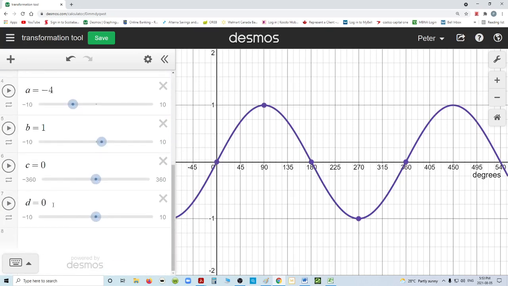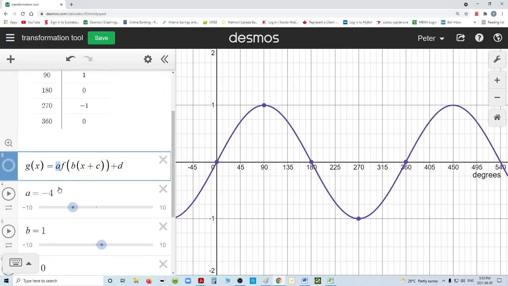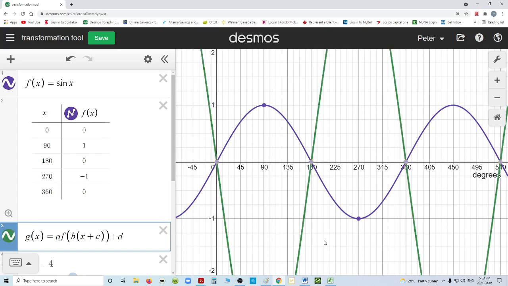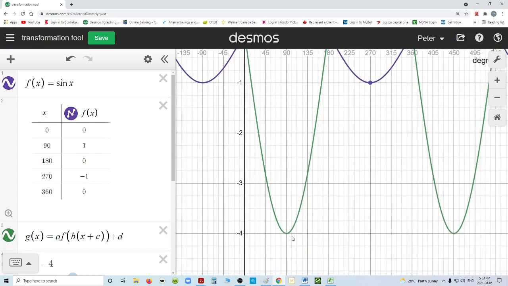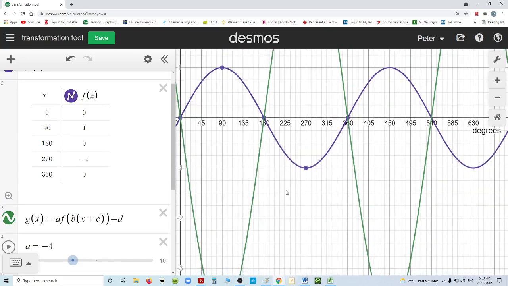So what happens when my a in front becomes negative 4? Well, all these y values will be multiplied by negative 4. So instead of 0, 1, 0, minus 1, 0, let's see what happens. Oh, it flipped, and it became 90 comma negative 4. So the y value got multiplied by negative 4. 180 comma 0 shares the point because 0 times negative 4 is 0.